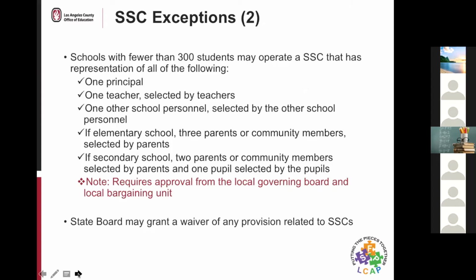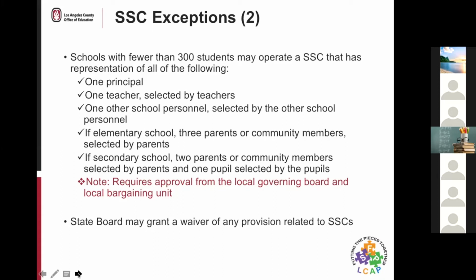Another exception is that schools with fewer than 300 students may operate a school site council that has all of the following representatives: 1 principal, 1 teacher selected by teachers, 1 other school personnel selected by other school personnel, and 3 parents or community members selected by parents at the elementary level.